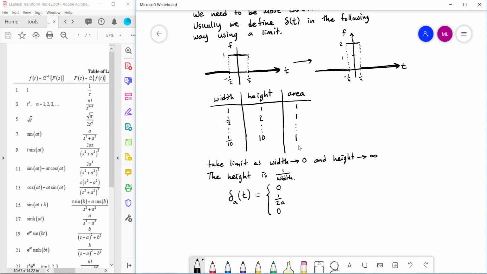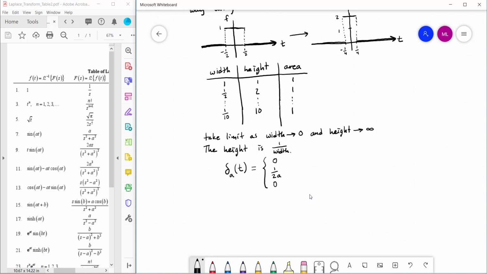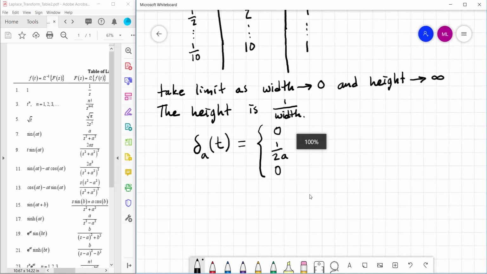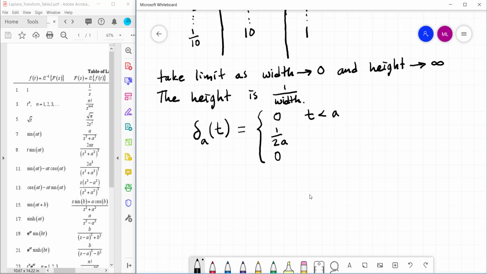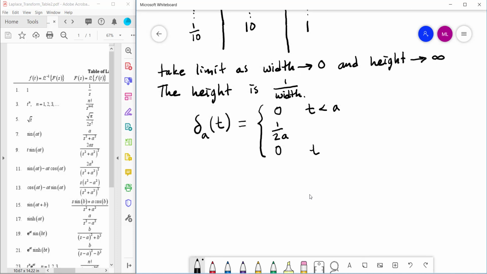So it's going to be 0 for all the values of t less than negative a, and also 0 for all the values of t greater than a. And then in between, it's going to be this height 1 over 2a.